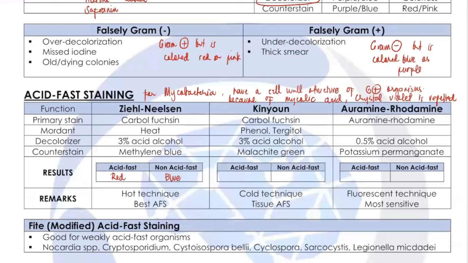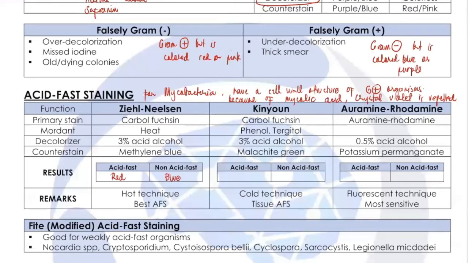For the Kinyoun technique, still the primary stain is carbol fuchsin, but this time we are not using heat as a mordant. Instead, we are using detergents such as phenol and tergitol, whose purpose is to penetrate the hydrophobic barrier, which is the mycolic acid.